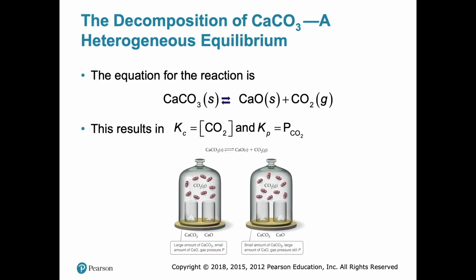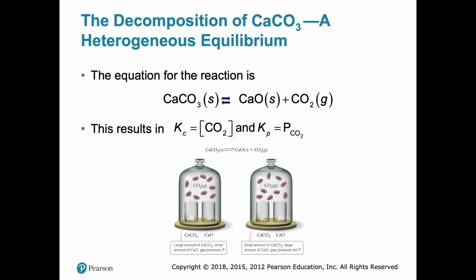So let's take a look at an example. Here we have the decomposition of calcium carbonate. This is actually a heterogeneous equilibrium because we start out with solid calcium carbonate, it becomes solid calcium oxide, and then CO2 gas.